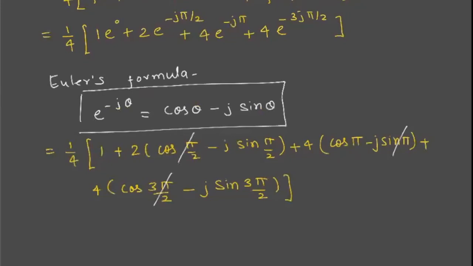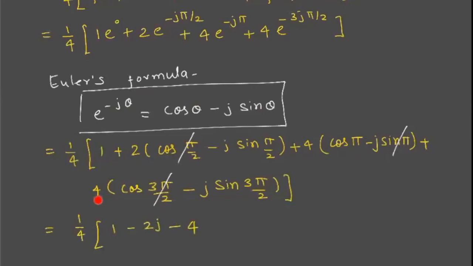So let us write it again. It will become 1 by 4 times 1 plus minus 2j sine 90. Sine 90 is 1, so minus 2j. Plus, this is gone. So cos of pi is minus 1, so this will also be minus only. Minus 4.